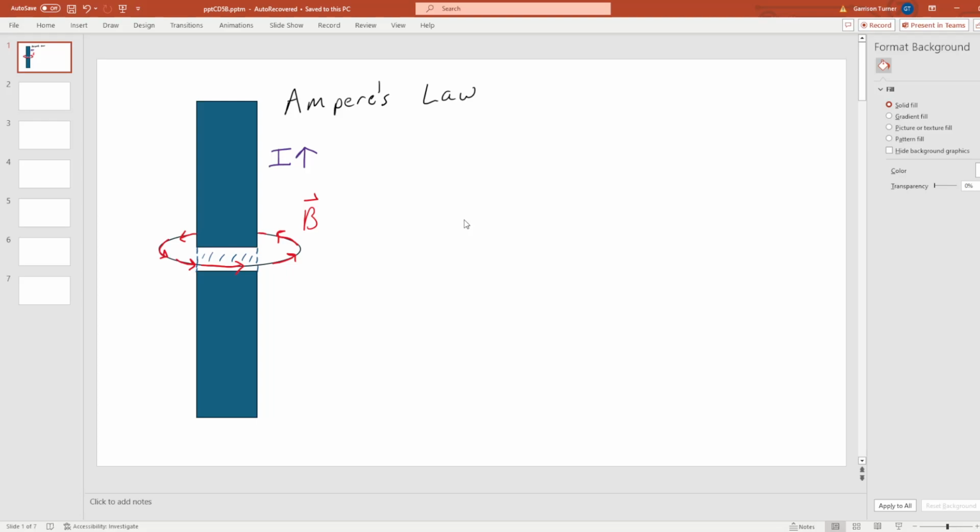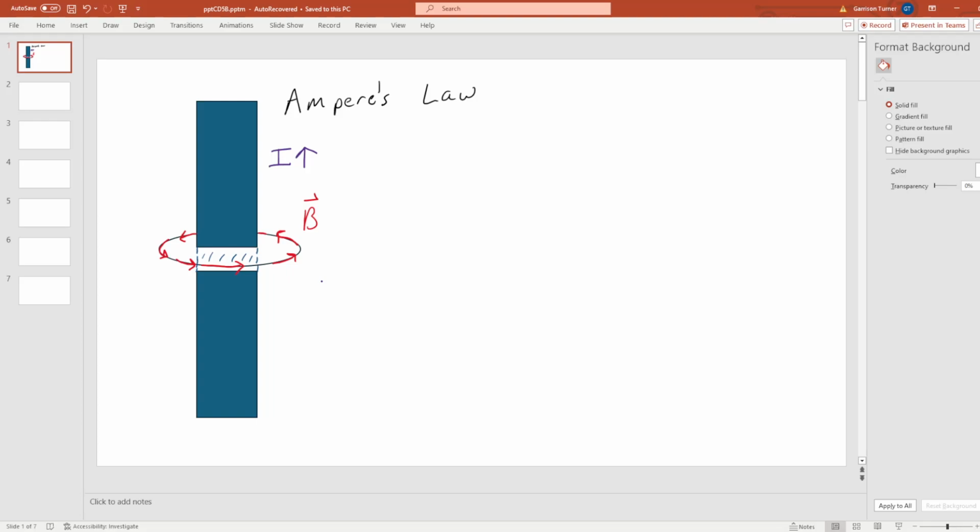But first things first, consider the blue strip there to be a wire, with a small cross section cut out of the wire for visual purposes. If this wire is carrying uniform current I in the upward direction, back in the early 1800s, it was discovered that current carrying wires formed magnetic fields that looped around the wire.